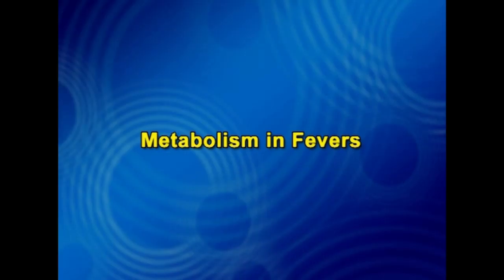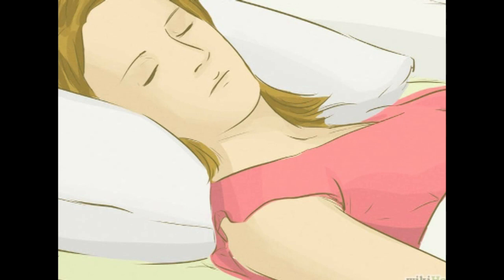Now, what happens to our metabolism during fevers? You should understand that the metabolic changes which occur in fevers are related to nutrition. The most important changes which may affect the nutrition are increased metabolic rate, almost as much as 7% for every 1 single degree Fahrenheit rise in the body temperature.